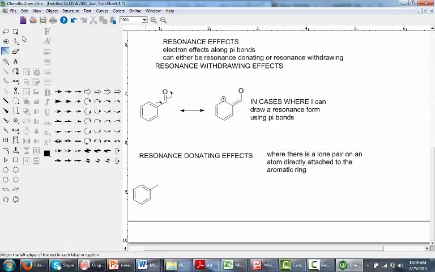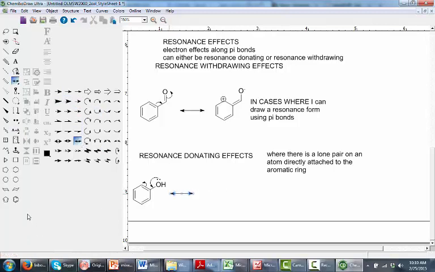If I put an oxygen here with a lone pair on that oxygen atom, I can now draw a resonance form that pushes that electron density, again via pi bond formation, into the aromatic ring.